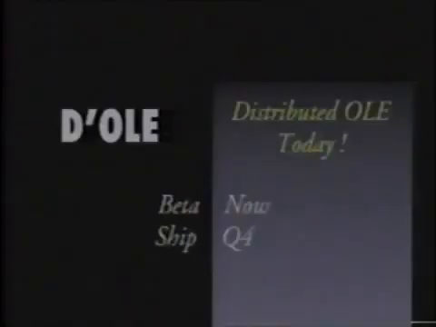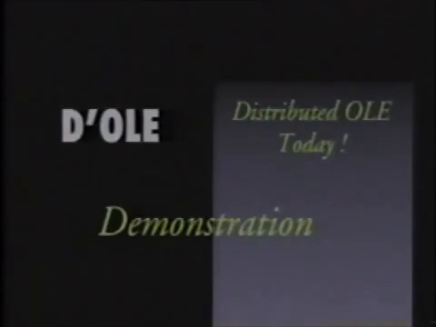I'm going to demonstrate 2 of these permutations to you: Windows NT to Windows NT, and a Windows NT client to a Hewlett-Packard server running PDO in just a moment. DOLE is in beta now, and we'll be shipping it by the end of this year. Okay? So let's see if it works.